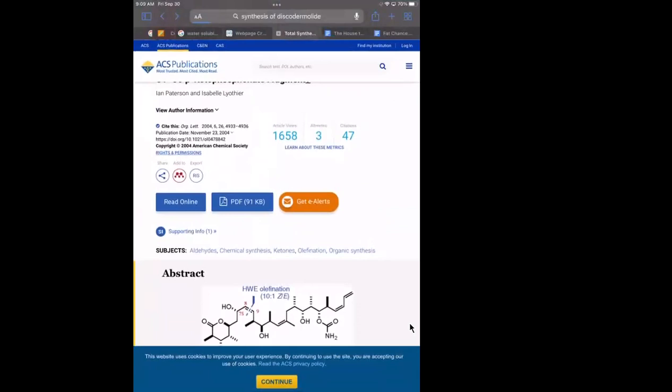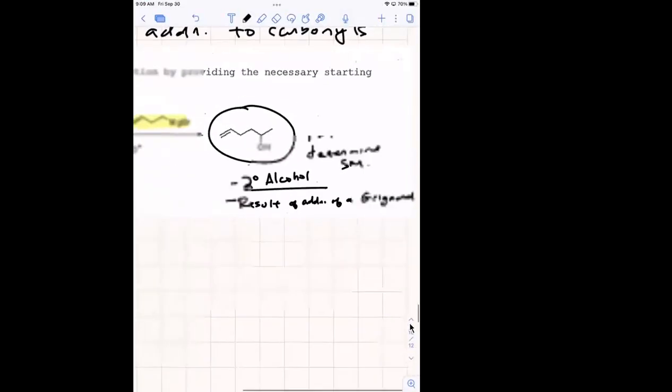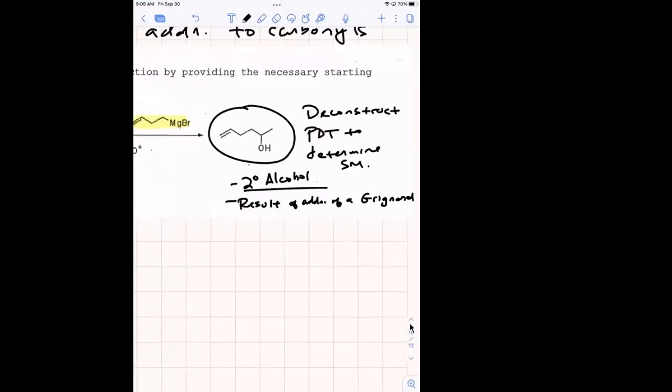Because if you ever look at a total synthesis of a biologically active molecule or any large molecule, what you'll find out is that there's no way to just synthesize that molecule in one step. So typically what happens, I'll come back because the internet is slow, is they'll look at the molecule, the target, and then they'll break it into fragments retrosynthetically. And then for each fragment, they'll come up with a way to make the fragment. But I'll come back to that part.